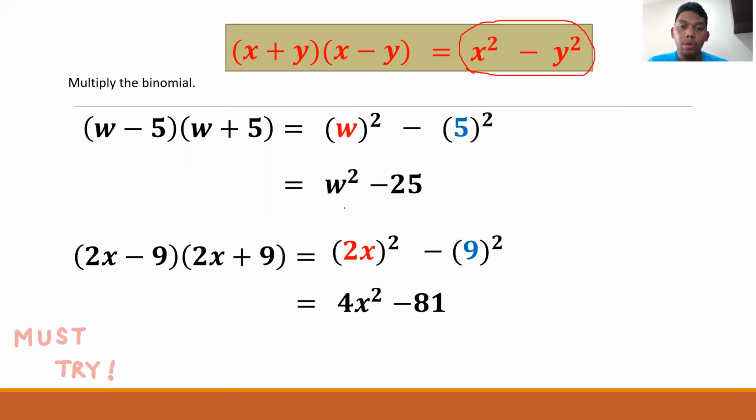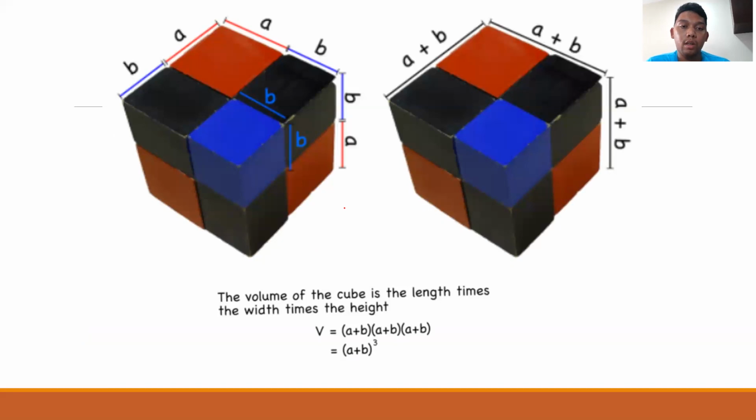Let us now continue with the last pattern that is in the module. Let us observe this figure. It's a cube, but it's made of smaller cubes and other pieces with different measurements.